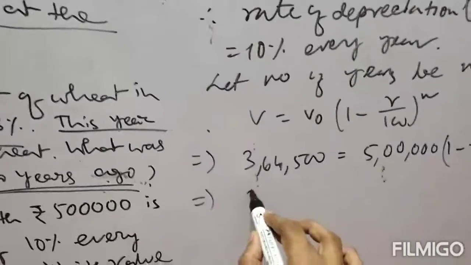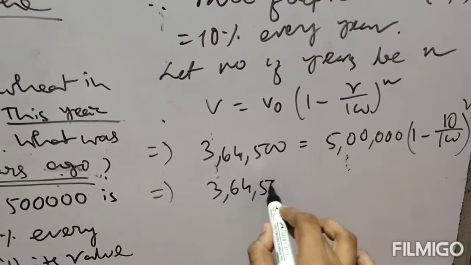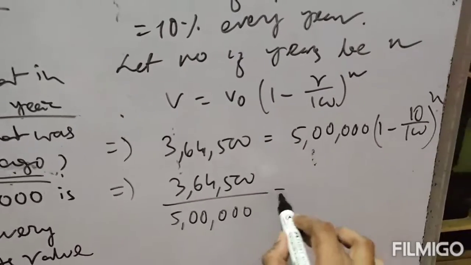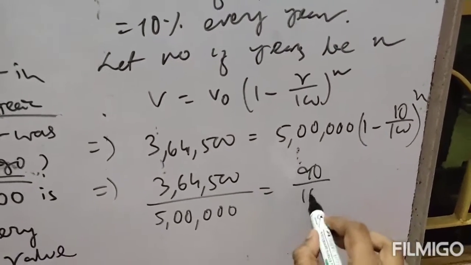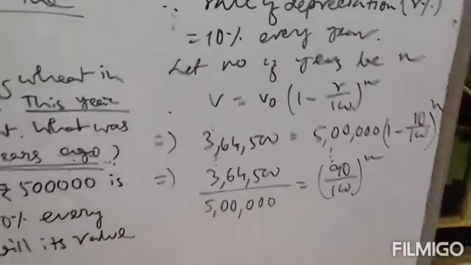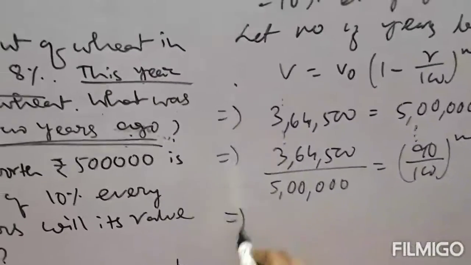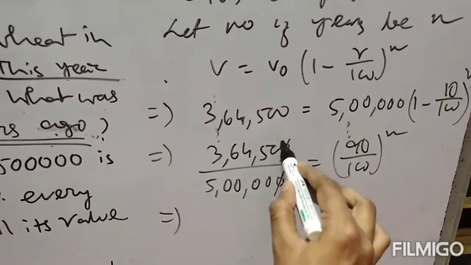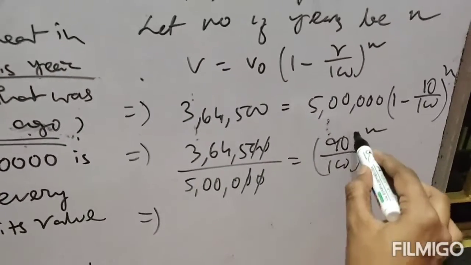Now we will solve. 3,64,500 divided by 5 lakh equals 90 by 100 to the power n. Just take the LCM and solve. Now reduce the zeros.